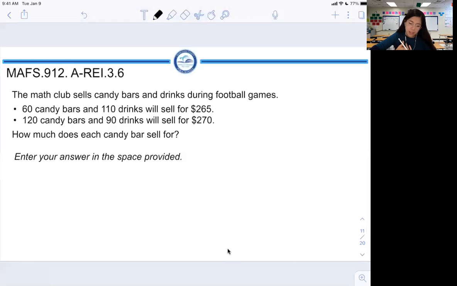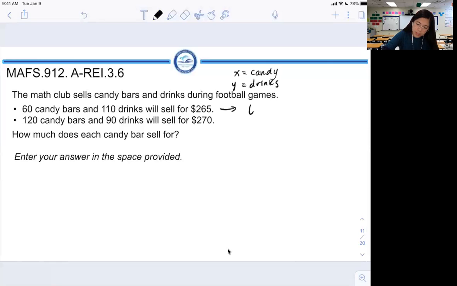All right, back to the problem. The math club sells candy bars and drinks during football games. 60 candy bars and 110 drinks will sell for $265. 120 candy bars and 90 drinks will sell for $270. How much does each candy bar sell for? Okay, so we got to make equations out of this. X will be candy and Y will be drinks.